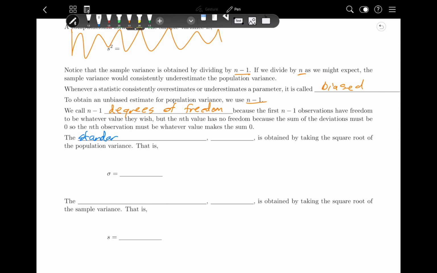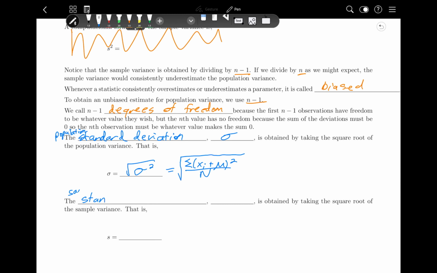For the population, we just use the symbol sigma, and it's obtained by taking the square root of the population variance, because the square root cancels out the squared. So the written out formula for the population standard deviation would be the square root of the sum of all the x sub i minus mu squared over capital N.